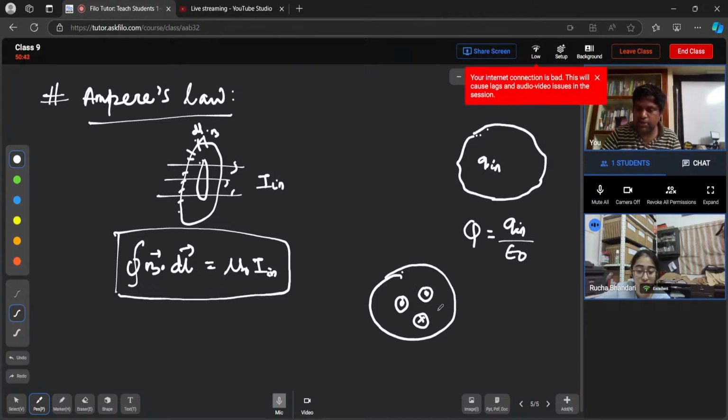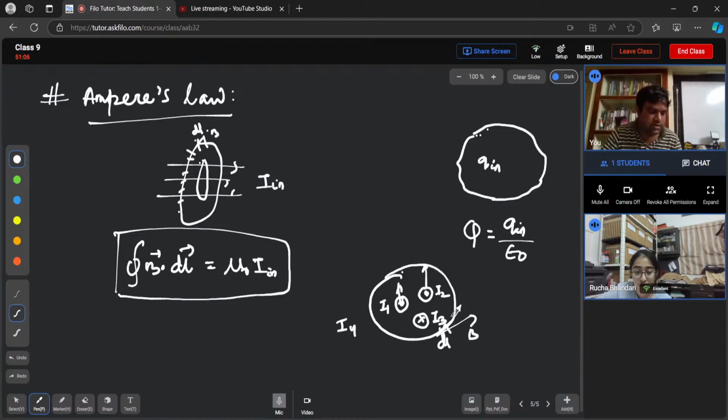Cross means the current is going inside, and dot means the current is coming outside. Here we have I1, I2, I3 and I4, and this is your magnetic field B and this is your dl.